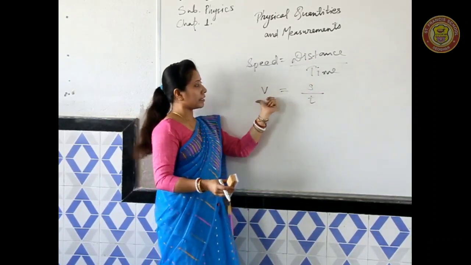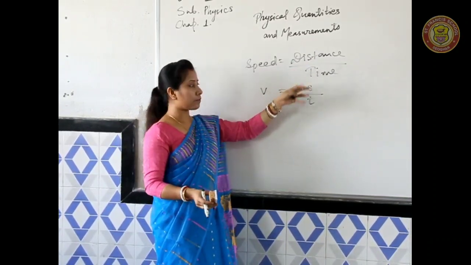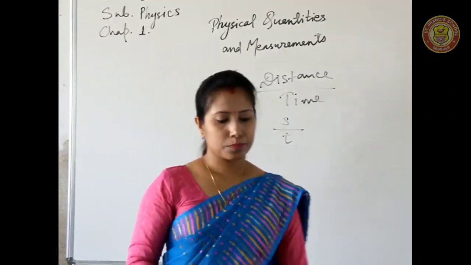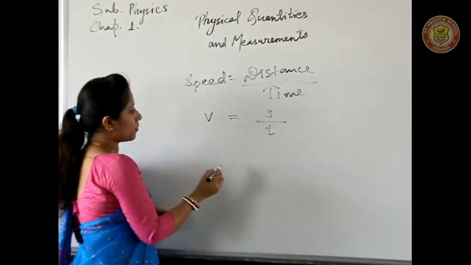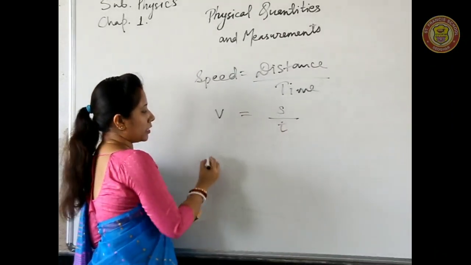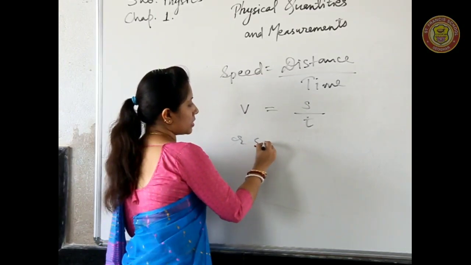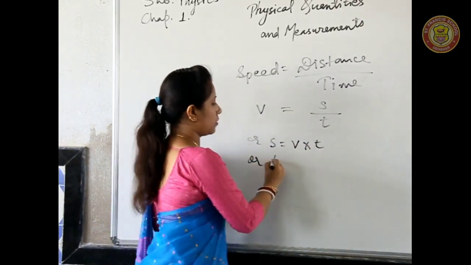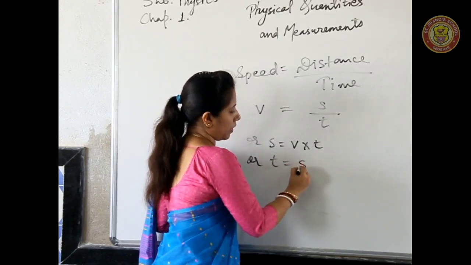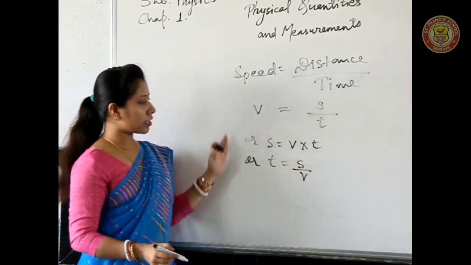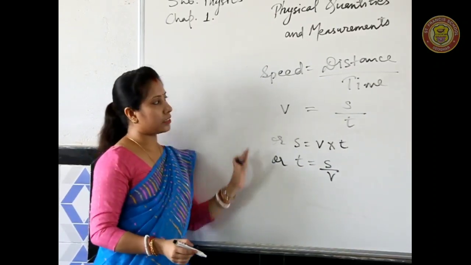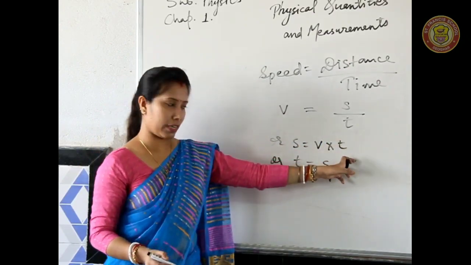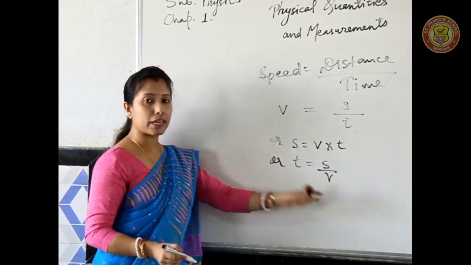Speed is denoted by the letter V, distance is denoted by the letter S and time is denoted by the letter T. So from here we are getting V equals S by T or S equals V into T or T equals S by V. So all these three equations are correct. Speed equals distance by time, distance equals speed into time, and time equals distance by speed.